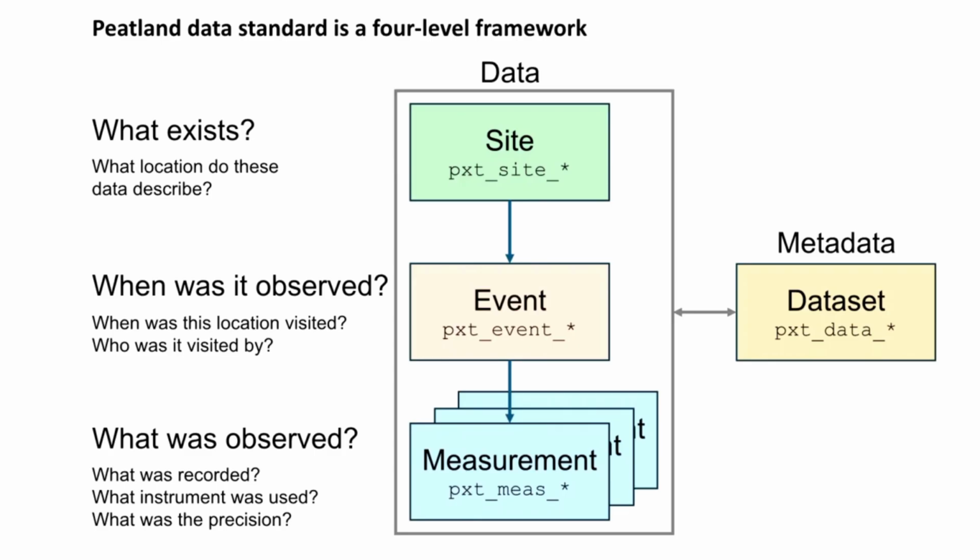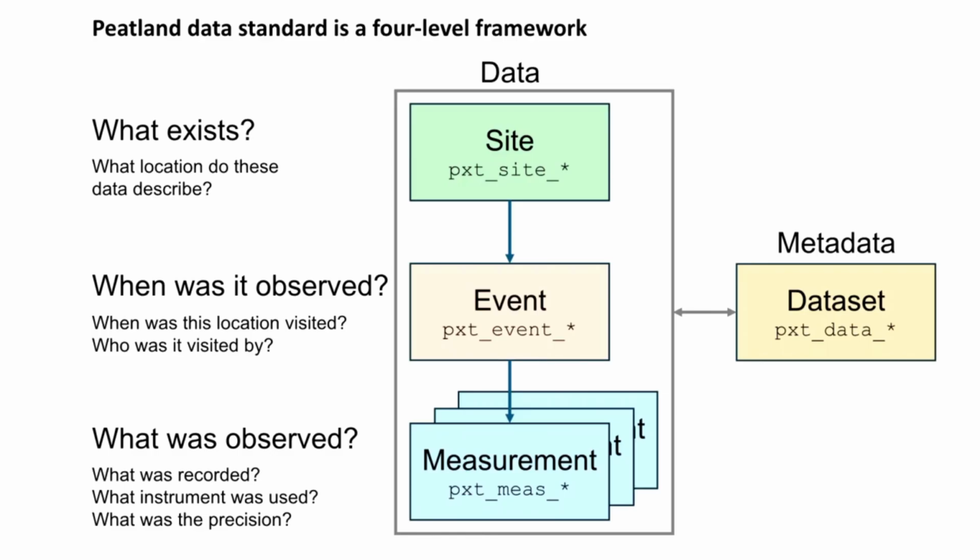So where we are now, we've got this 4-level framework. So we break it into what exists: what location do these data describe? When was it observed? So when was the site or location visited? Who was it visited by?